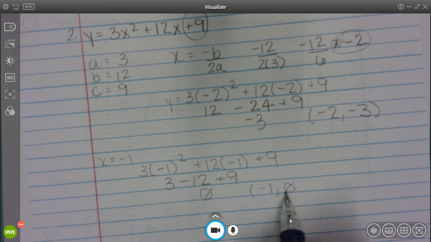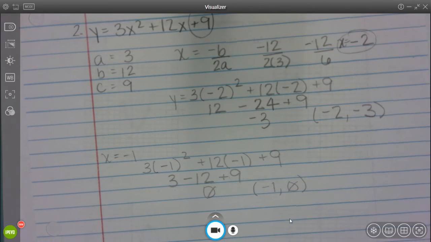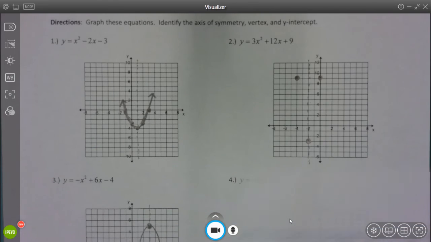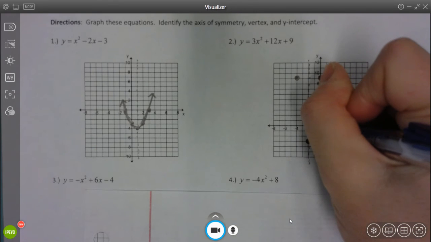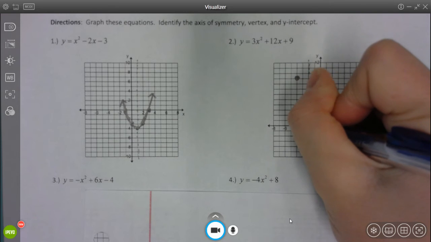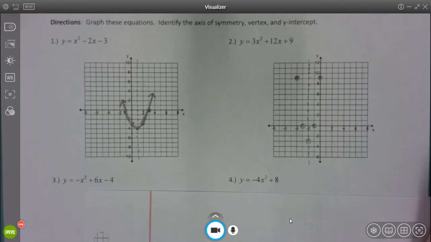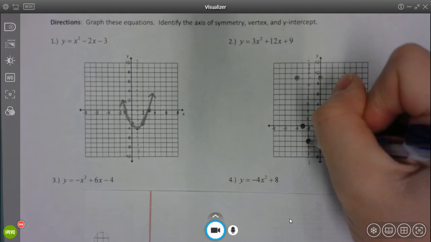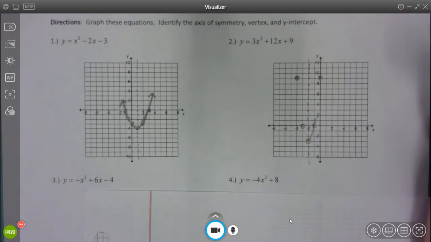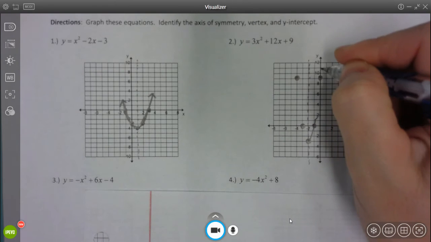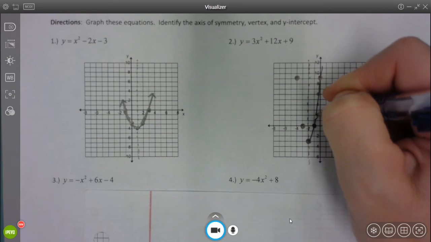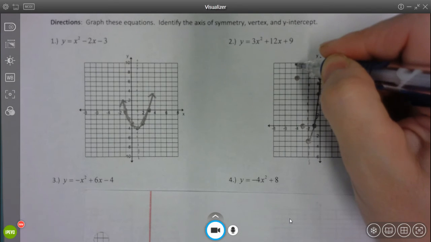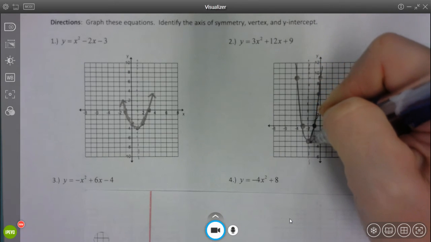So that coordinate is going to be negative 1, 0. So we'll have negative 1, 0, and when I reflect that over, it will be there at negative 3, 0. And now, oh Lord, attempting to connect these, good enough. You get the general idea.